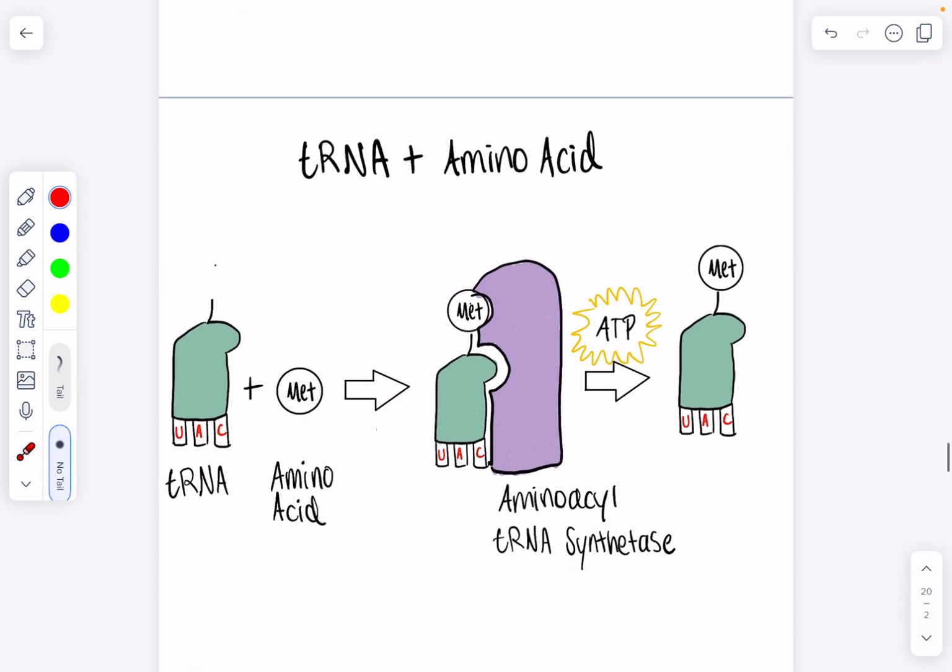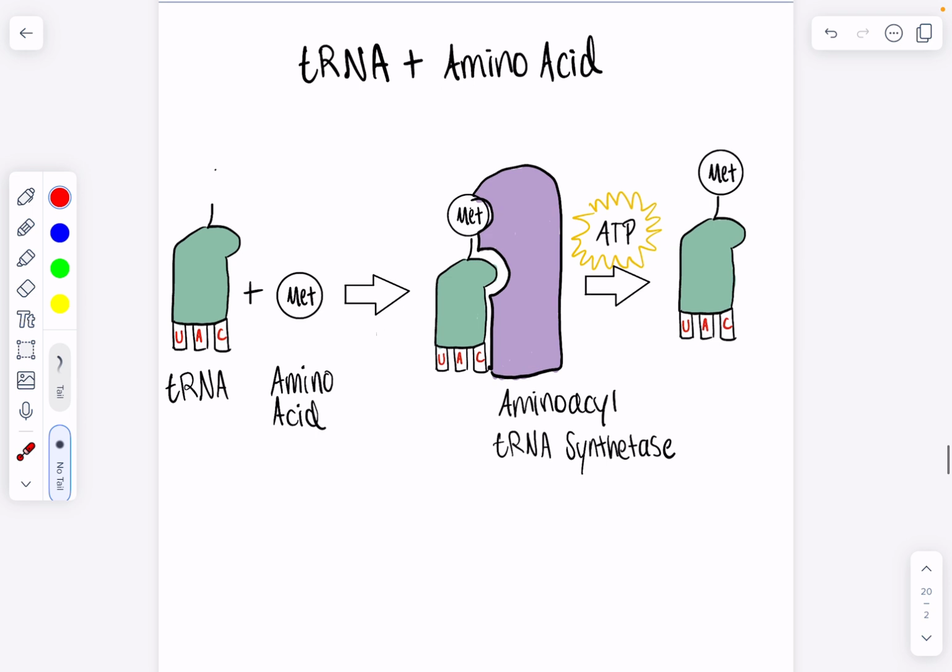All right, so first of all, how does tRNA bind to an amino acid? In order for the cell to put an amino acid on the tRNA, it needs to go through a reaction with the help of an enzyme called amino acyl tRNA synthetase.